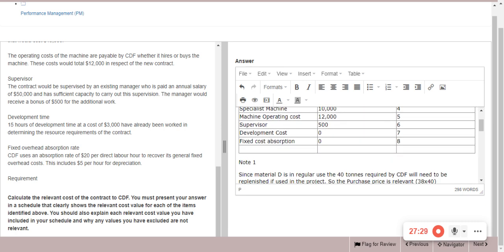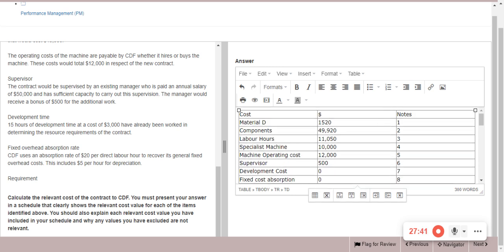So let's add them all up and let's see what the total relevant cost of the contract is.